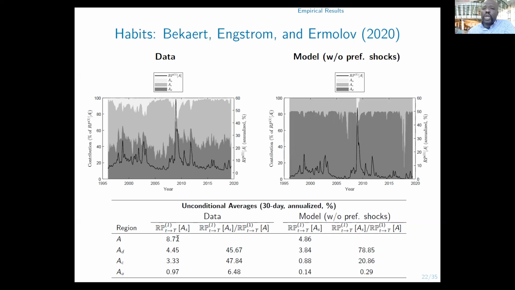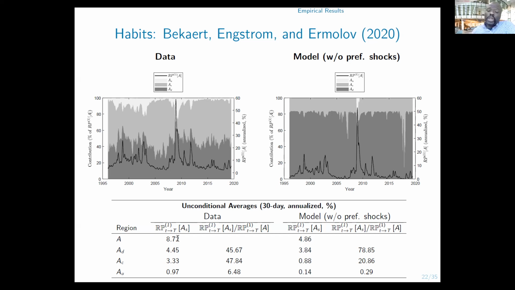Now, if we go to the Backus and Engsted, I'm going to present two models, the Backus and Engsted model without preference shock and one with preference shock. The difference between these models is that the first one was designed to better explain equity risk premium and variance risk premium. And the second one, with preference shocks, was designed to not only explain variance risk premium and equity risk premium, but also explain the low persistence of the variance risk premium.